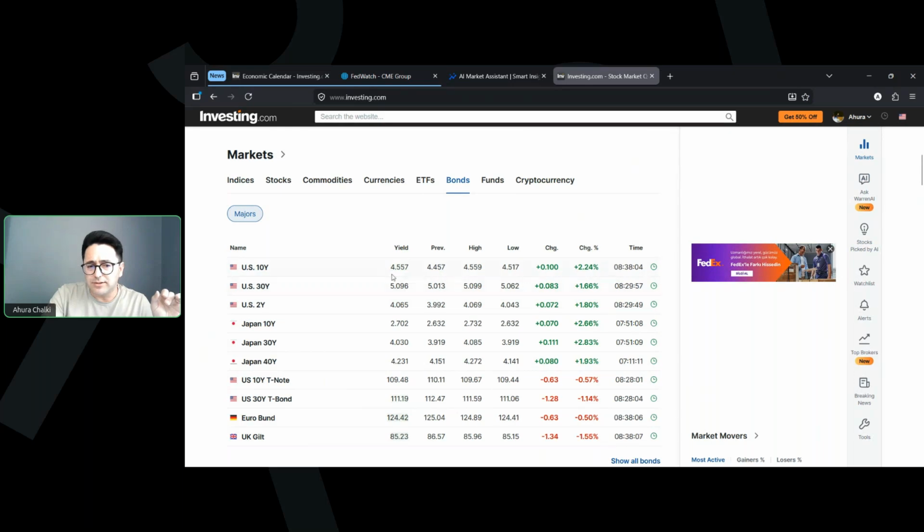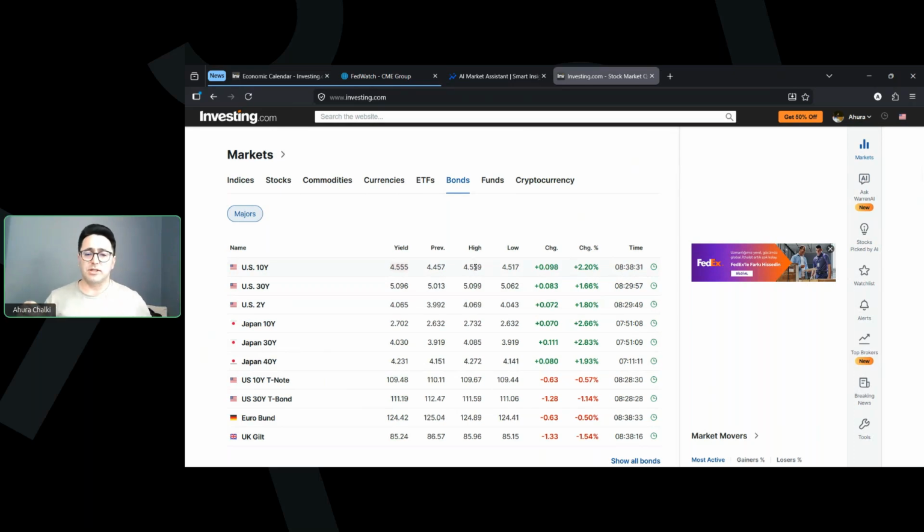We have the yields at almost 4.56%. That's what these numbers are telling us.